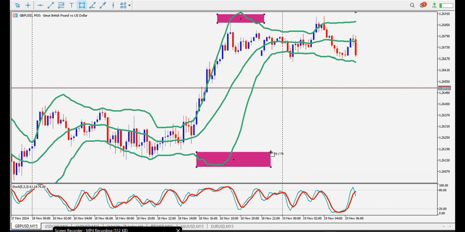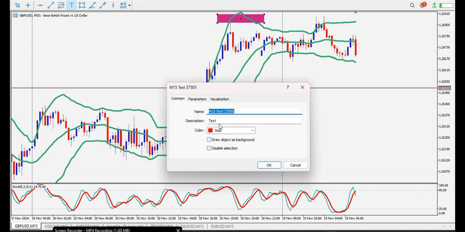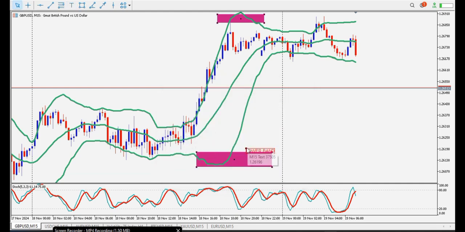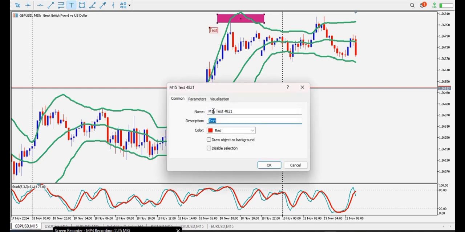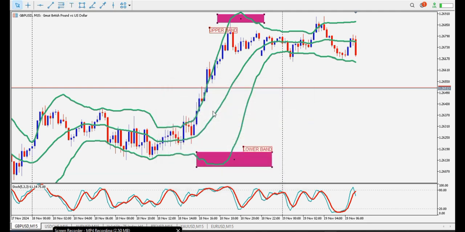This is the lower and the upper band, and this right here is the stochastic indicator.